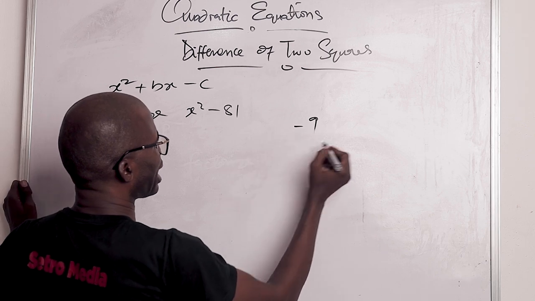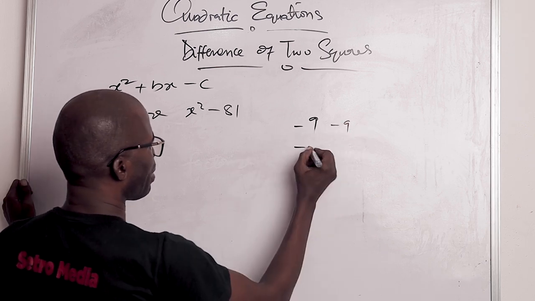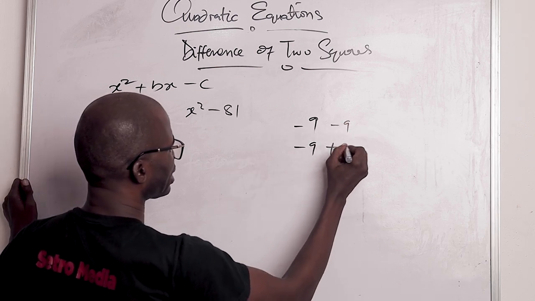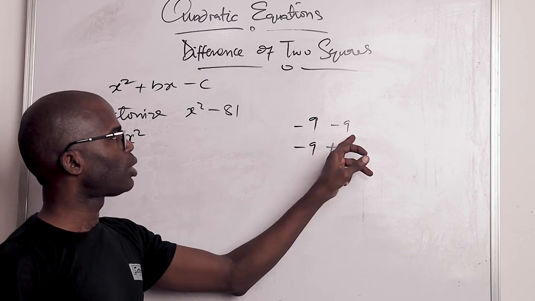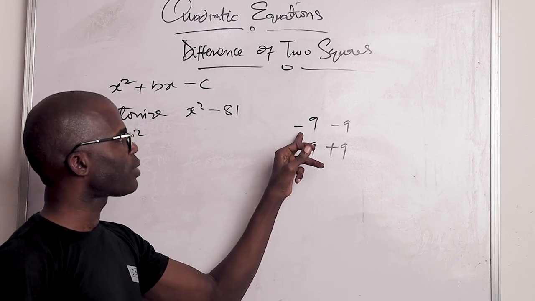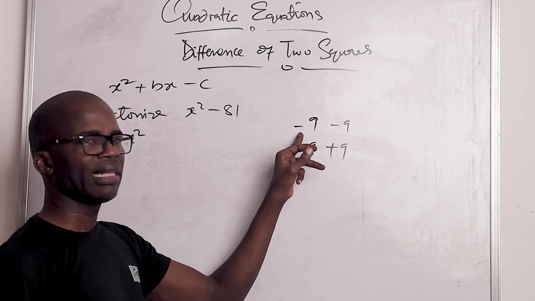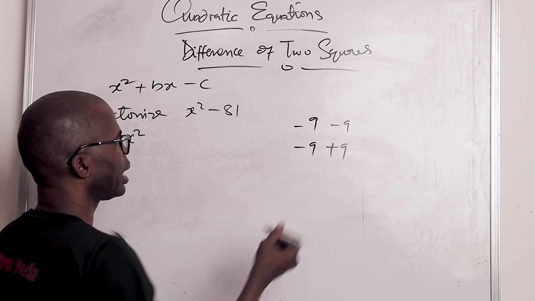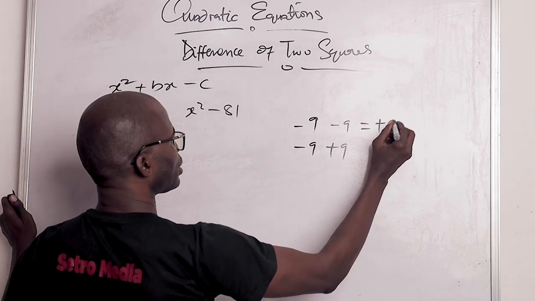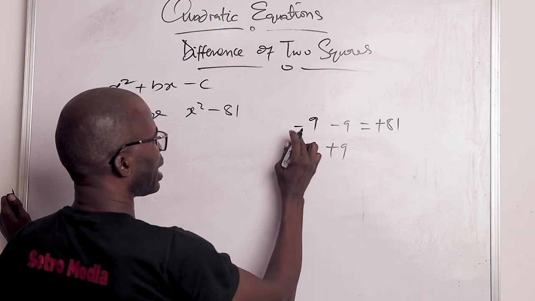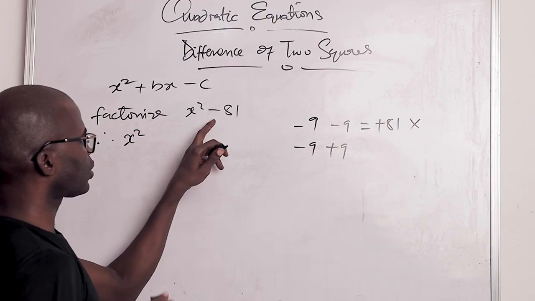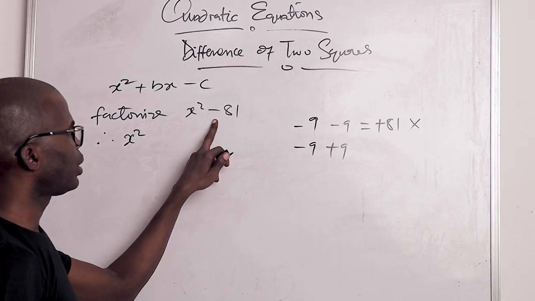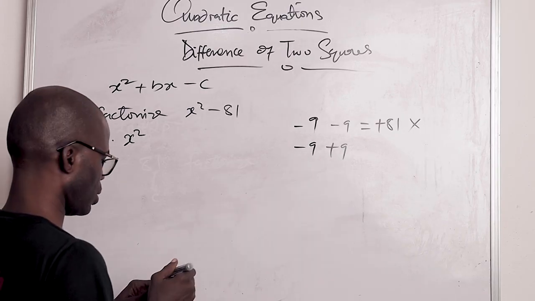Is it minus 9 times minus 9 or minus 9 plus 9? So we need to look at what will multiply. If you multiply minus 9 times minus 9, that will give you plus 81, because minus times minus is positive. So this will not work, because what we have is minus 81, not plus 81.